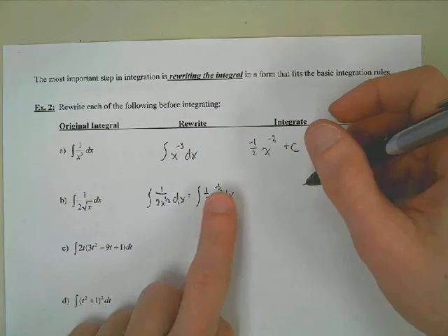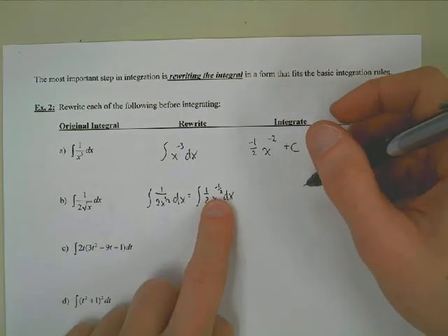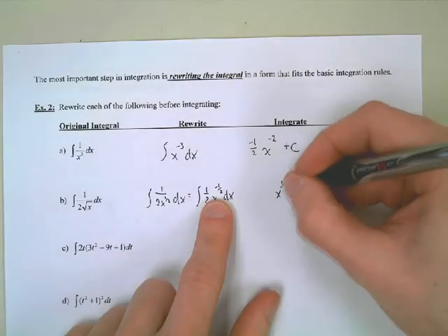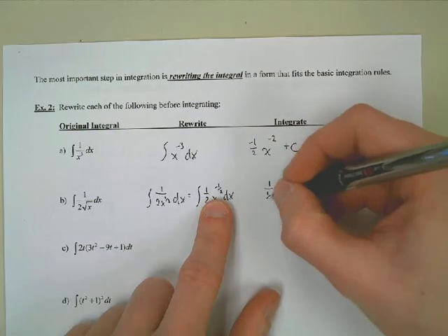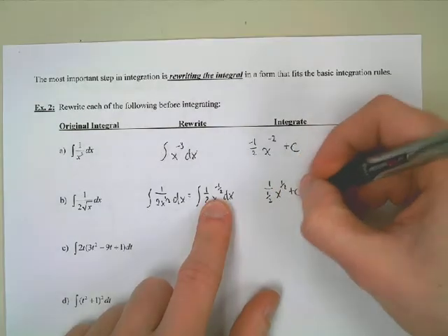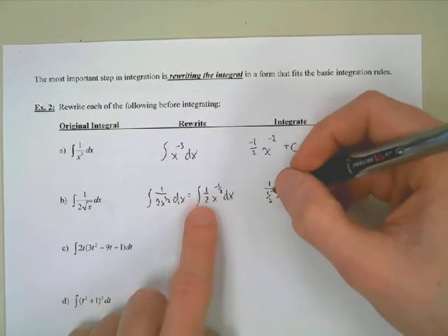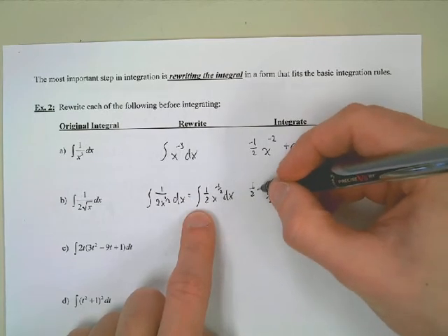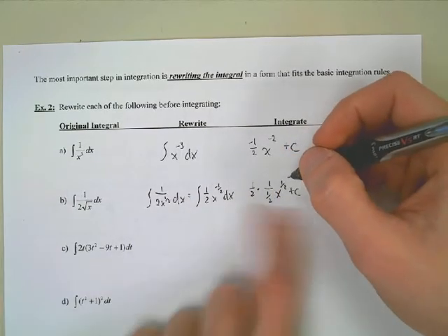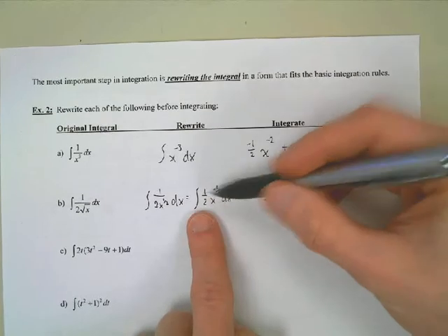That new power goes out front, but in a fraction, 1 over 1/2, which is 2. And we still have that 1/2 from the original integral as well. So the 1/2 is from the original, and this 1 over 1/2 is from integrating x to the negative 1/2 to become x to the positive 1/2, 1 over that.